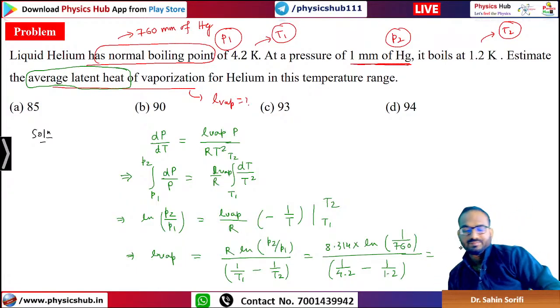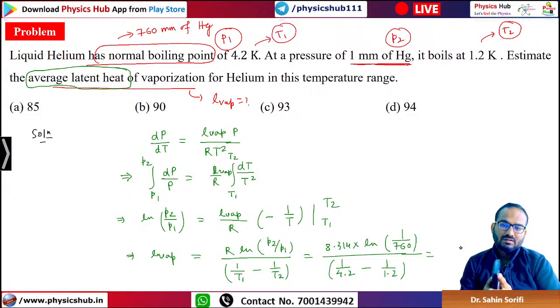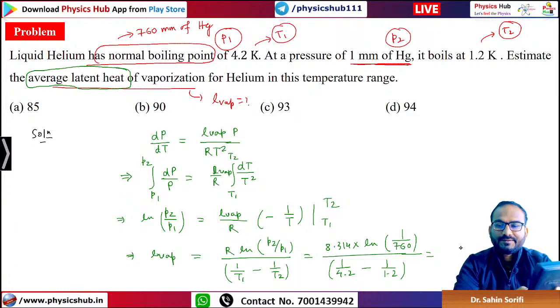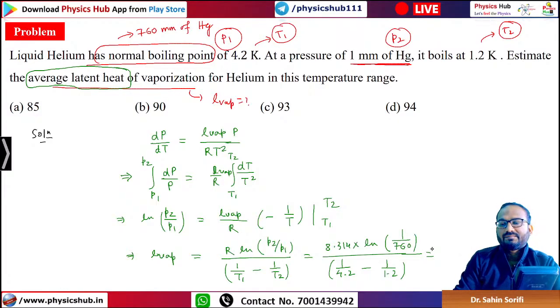Let's calculate it using the calculator. I'm getting 92.658. And what will be its unit?